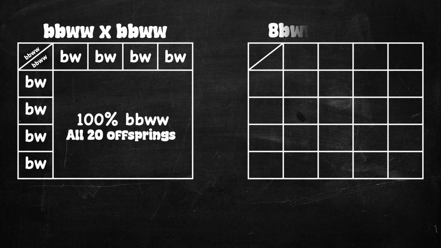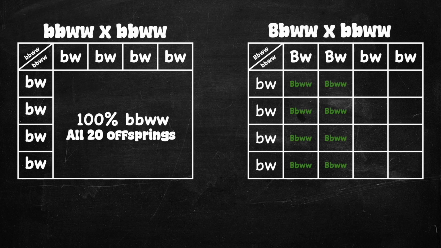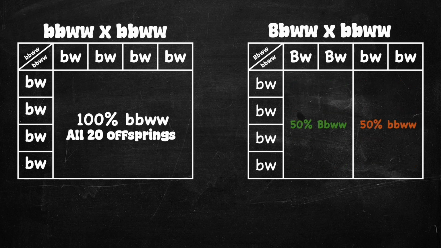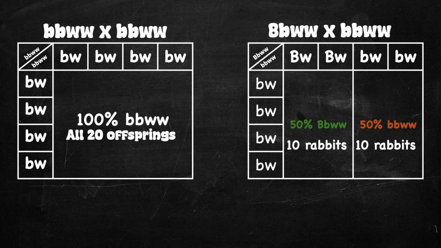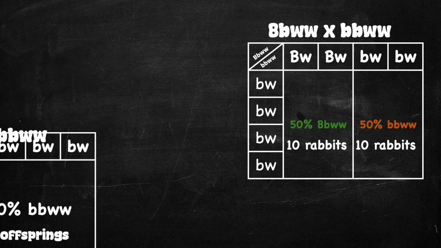Big B, small b, small w, small w crossed with small b, small b, small w, small w will produce a genotypic ratio of 1 small b, small b, small w, small w to 1 big B, small b, small w, small w, and thus 10 of the rabbits will be small b, small b, small w, small w, and the other 10 will be big B, small b, small w, small w.